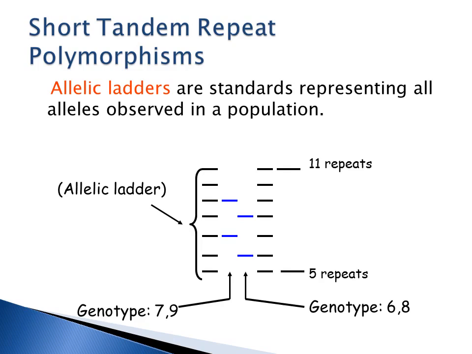If you run an individual on a gel and compare it to the standard allelic ladder, you can see that the second lane, that individual has a genotype of 7-9 because they have a banding pattern of 7 repeats and 9 repeats. The second individual has a genotype of 6-8 because they have 6 repeats and 8 repeats.